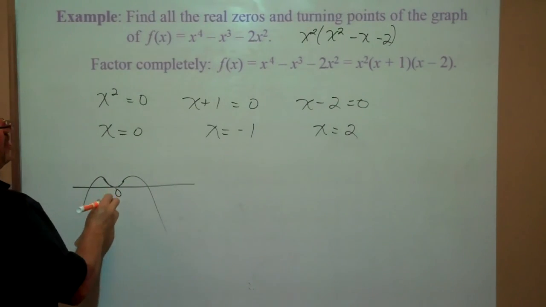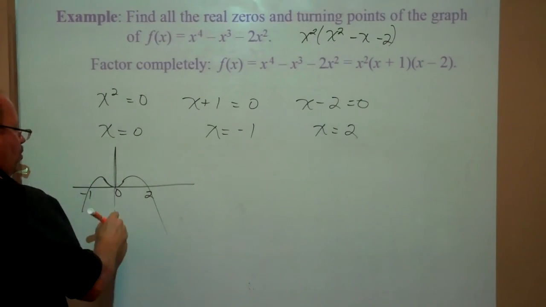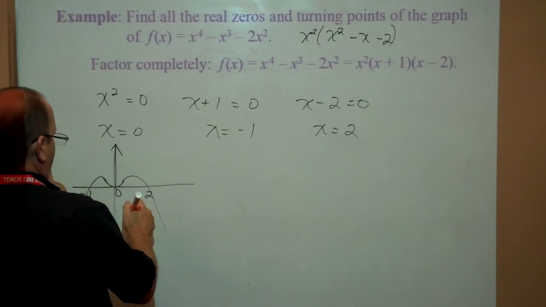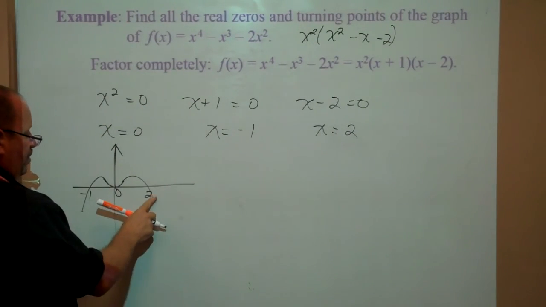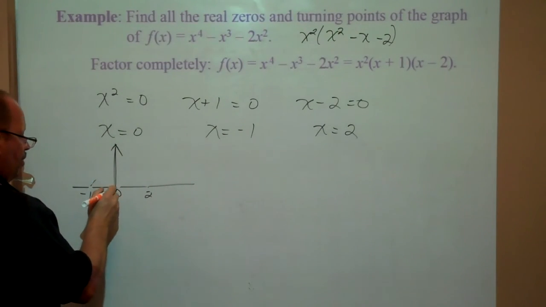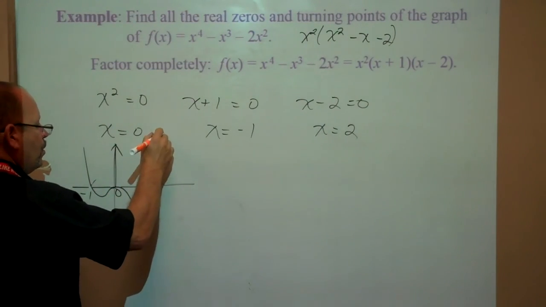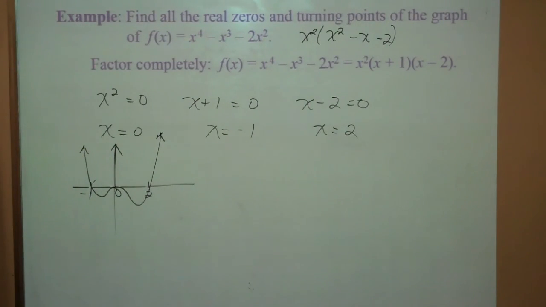So this would be 0, this would be negative 1, this would be 2. Except I drew it as though the lead coefficient was negative, so I have to do this the exact opposite way. So it would touch here. It would look something like that, because these are the zeros.